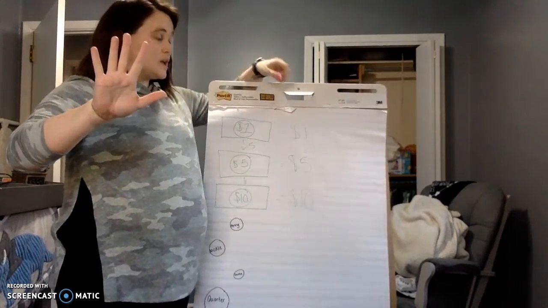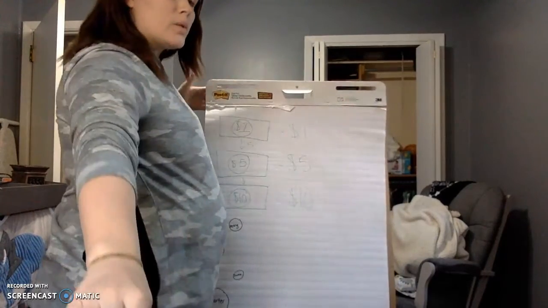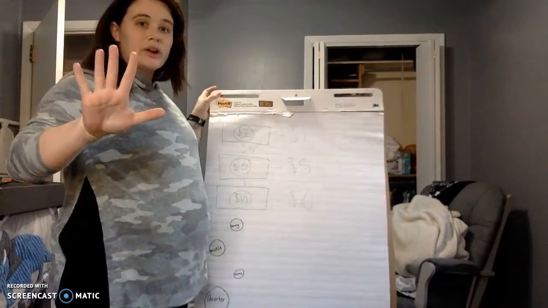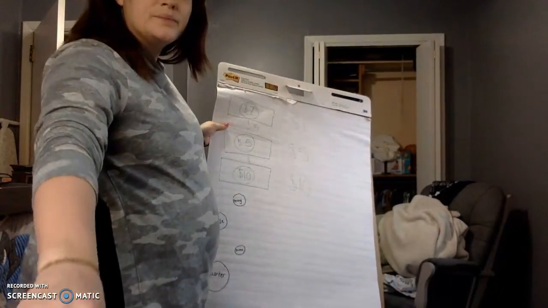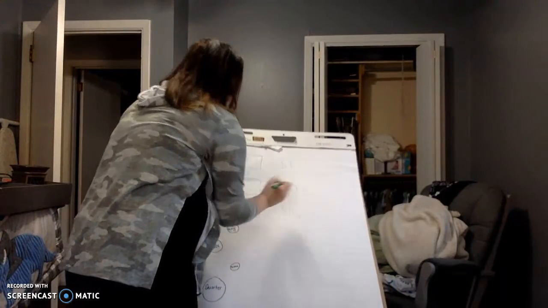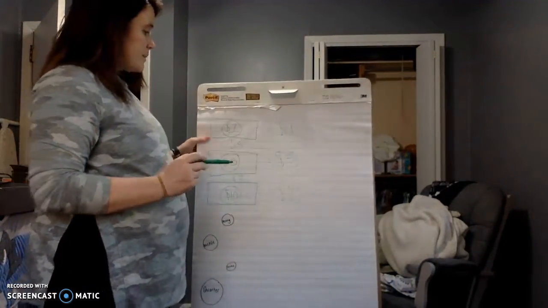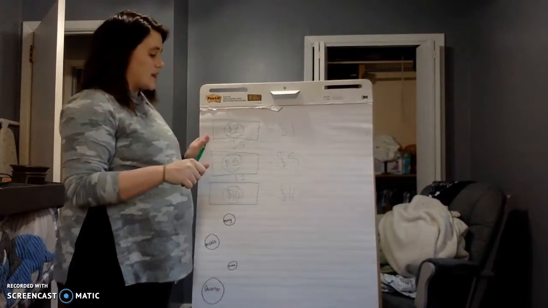So how many other $5 bills can I have? 1. We can only have 1. So if I have a $5 bill here and a $5 bill here, how many $5 bills do we have? Very nice. We have 2. Good job. That was a hard one because that's kind of moving into multiplication. We haven't got there yet.